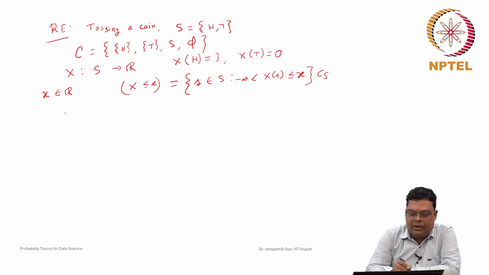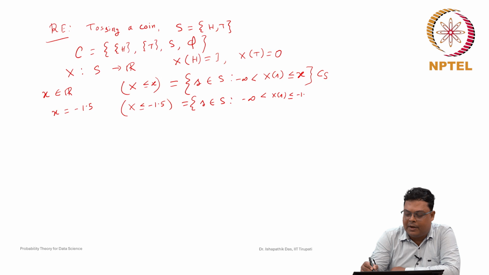Now, suppose x is some negative number, say minus 1.5. Then what is the set {X ≤ -1.5}? This set is equal to the set of s such that X(s) is less than or equal to minus 1.5.